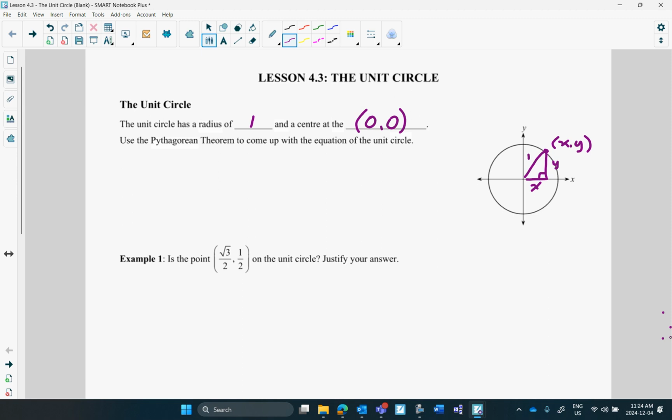So I could place one like that, like this, like that, like that.